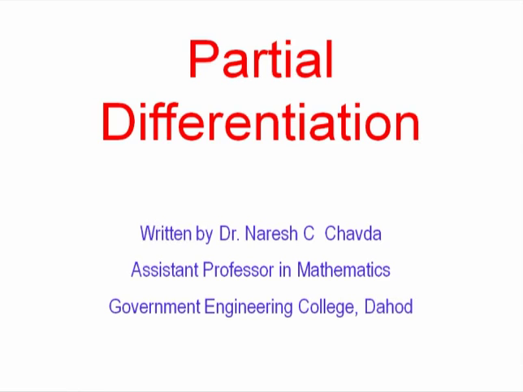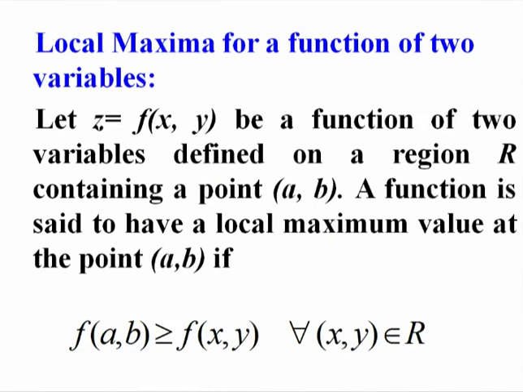So first we define local maxima and minima for a function of two variables. Let z is equal to f of x y be a function of two variables defined on a region R containing a point a, b.